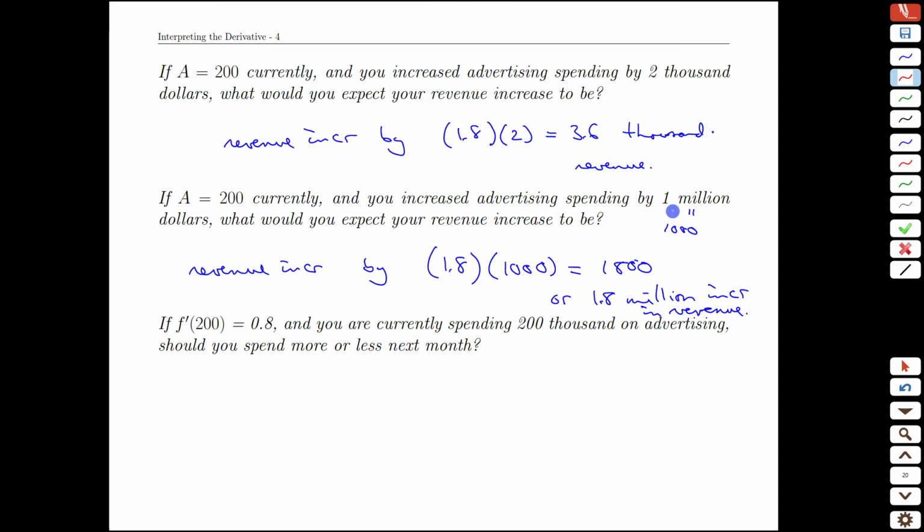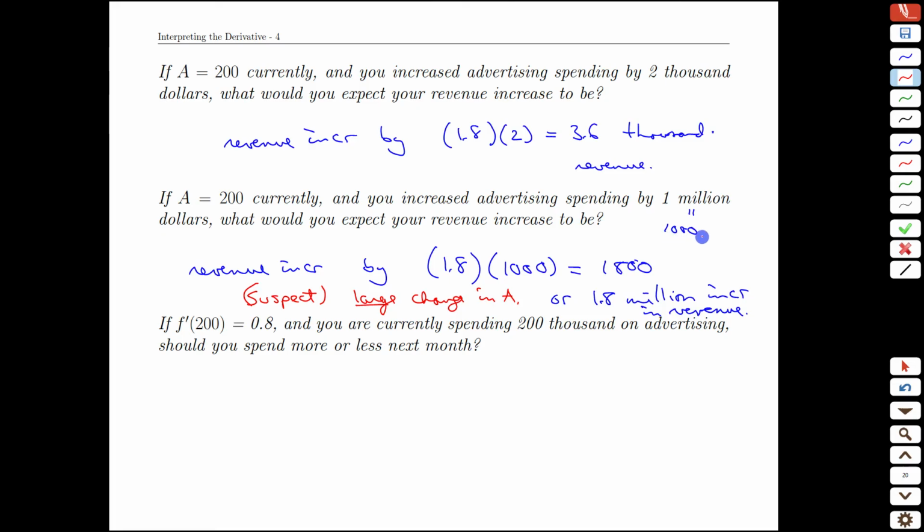Now, it's important to note that this seems suspect. And why is it suspect? Well, because of the big change. This is a large change in A. We started off spending $200,000.